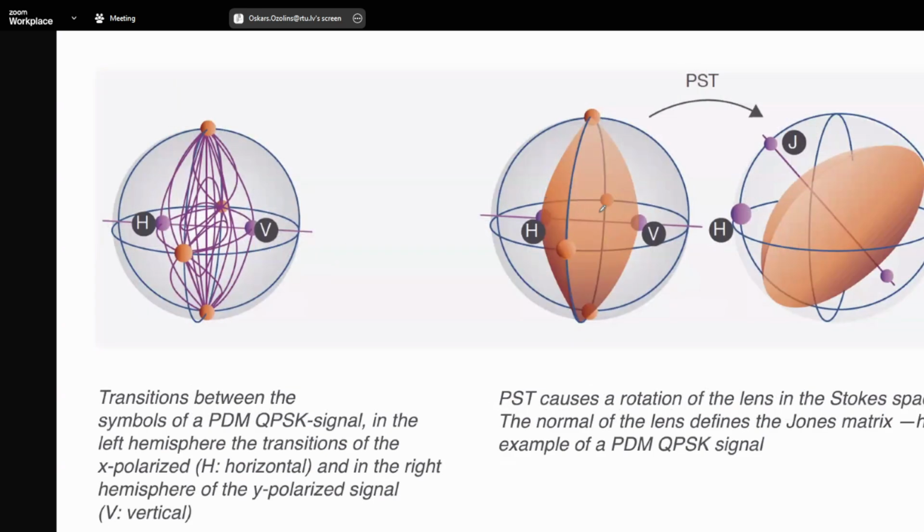So what happens is that your Poincare sphere is rotating. Then you can define a Jones matrix, and here is a polarization division multiplexed QPSK signal example.